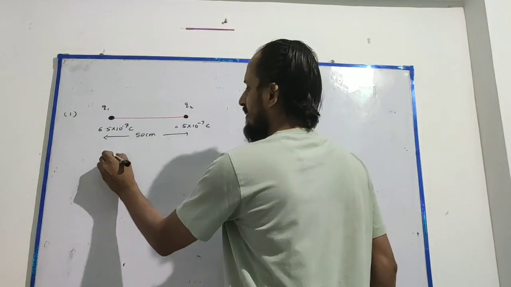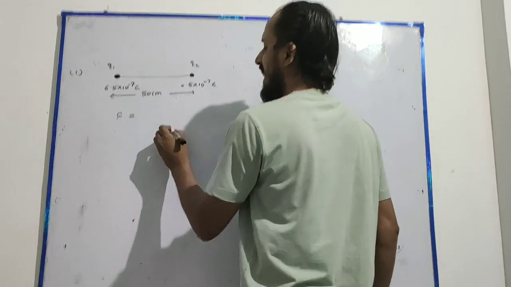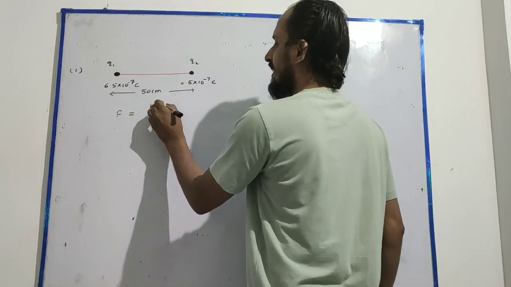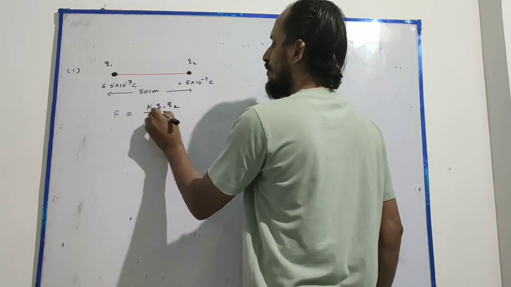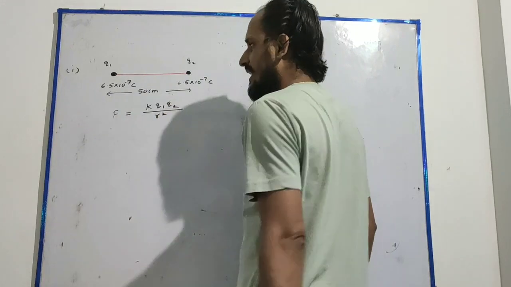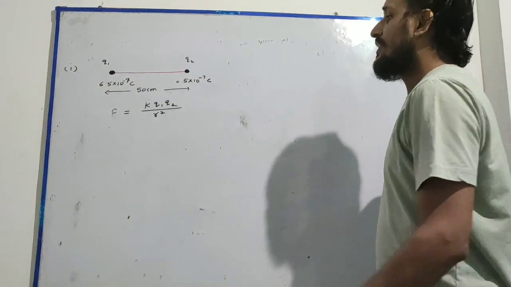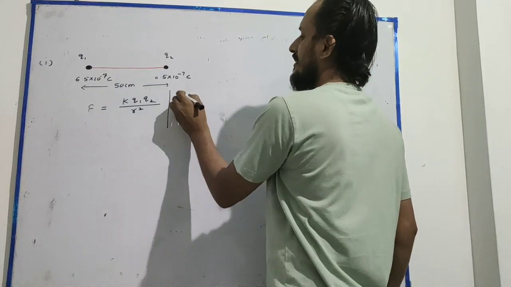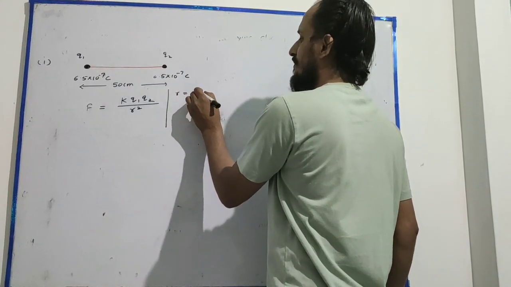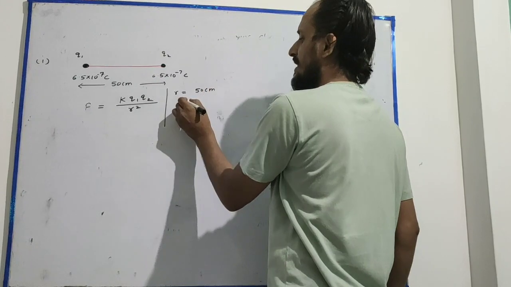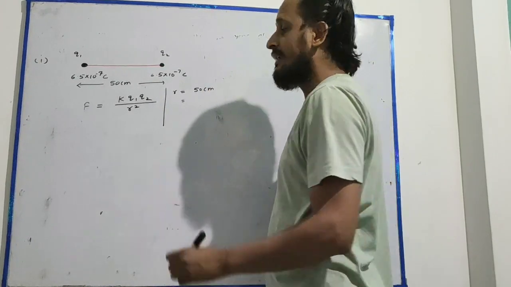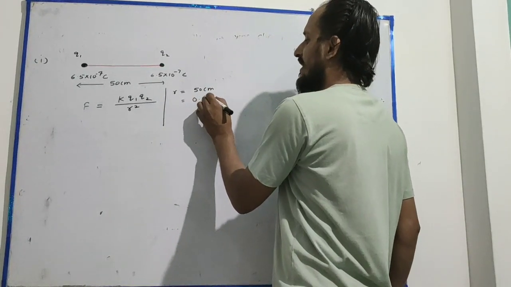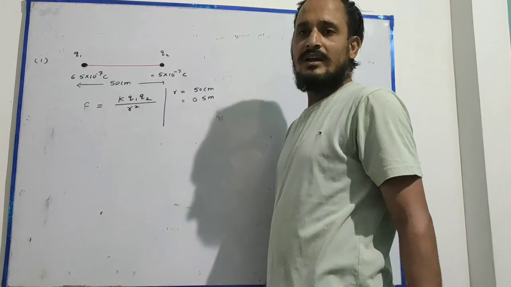So we know that according to Coulomb's law, F is equals to K Q1 Q2 upon R square. We'll put the values, but before putting the values, you should know that the distance between the charges is provided in centimeter. We will convert it in meter. It is 0.5 meter. Agree?